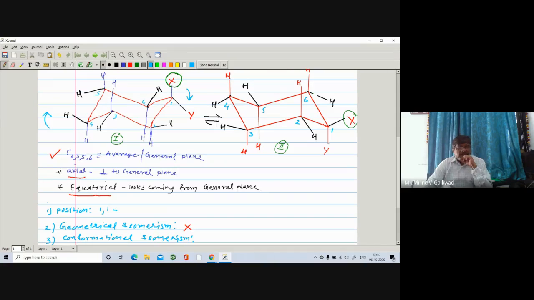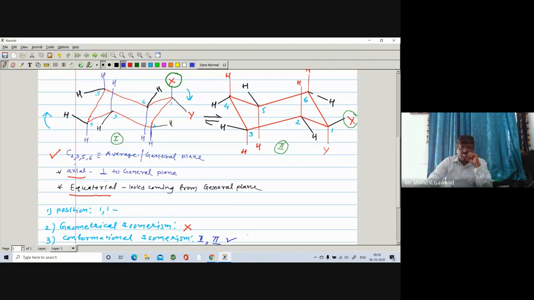So here, if structure number 1 converts into 2, in structure 1 X was axial, and in structure 2 X was equatorial. So we can say that structure 1 and structure 2 are conformational isomers of each other, meaning they exhibit conformational isomerism.